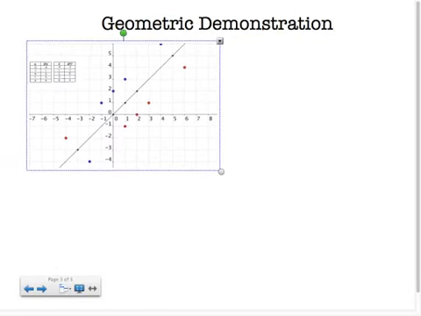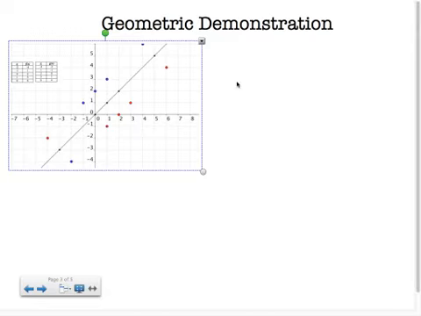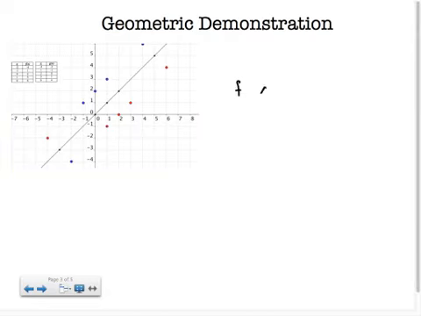So let's write that out here. f and f inverse are reflections of each other across the line y equals x.